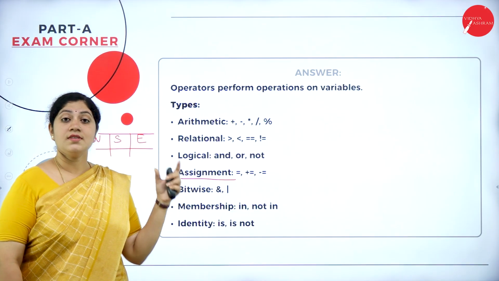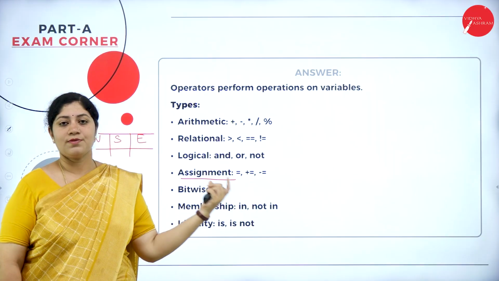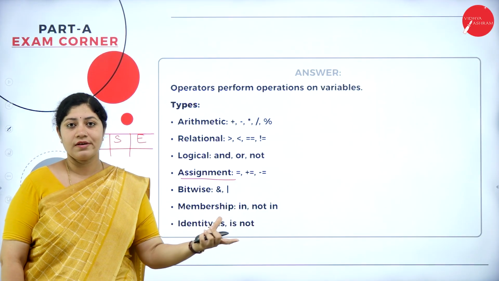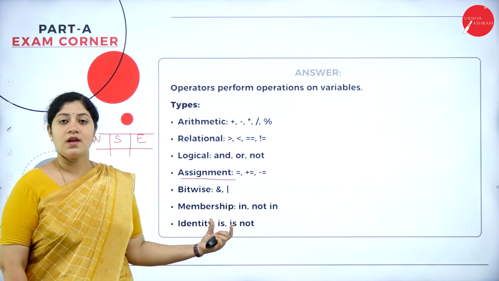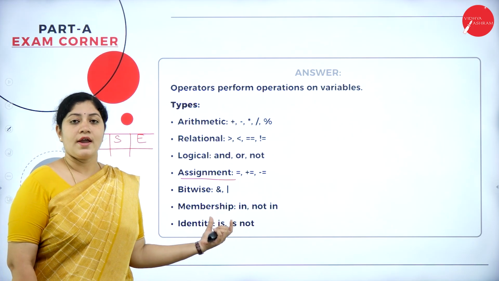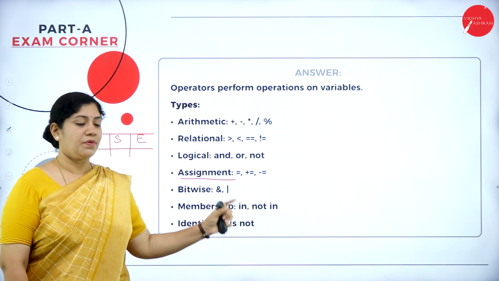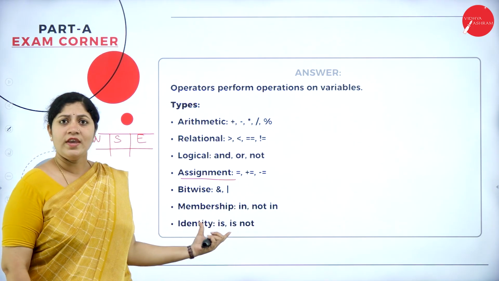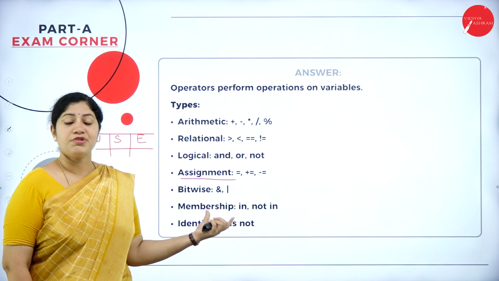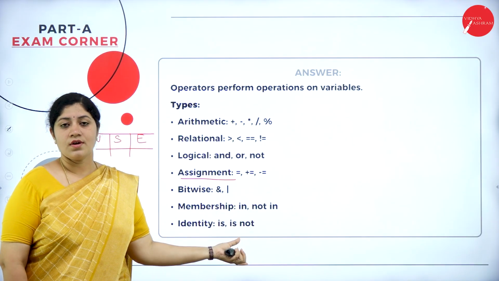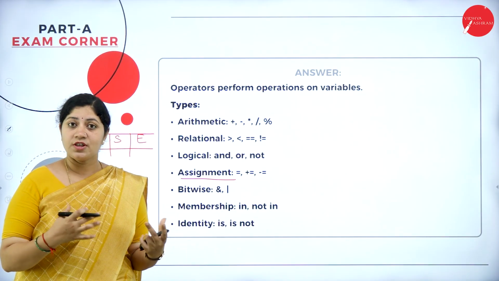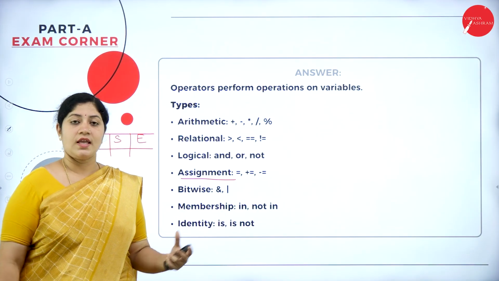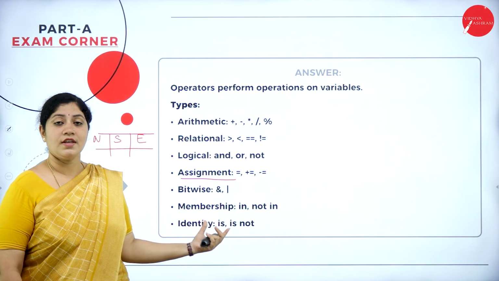The next operator is the assignment operator: equal to, plus equal to, etc. Okay, next is the bitwise operation. This bitwise operation happens at the machine level, and in order to do that we will go with and, or, not operations, etc. Next we have the identity operator, which holds is and is not.